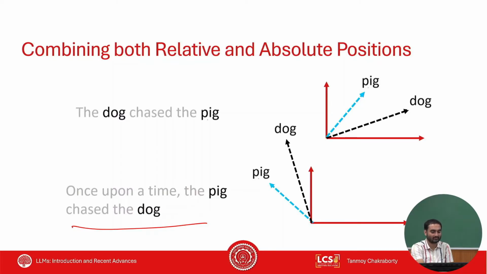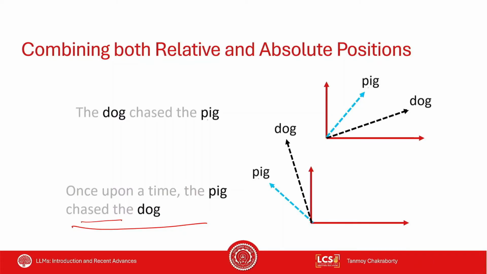They are separated by 2 words, right? So we rotate this, right? This rotation essentially takes care of the change in the absolute position, and the angle takes care of the relative position. Okay, since their relative positions are the same, the angle will not change, but due to the rotation, we'll also capture the absolute position change.